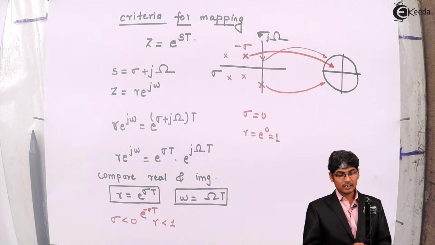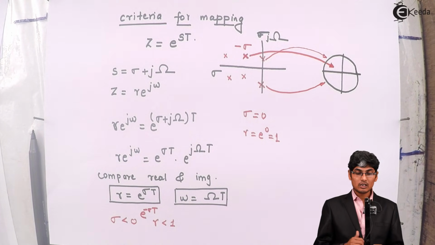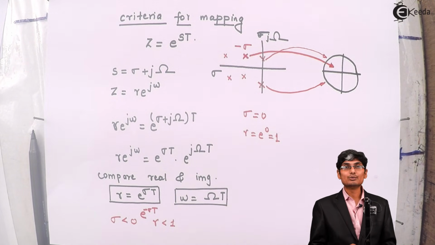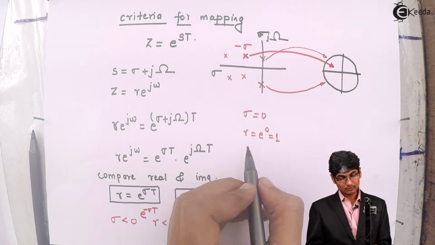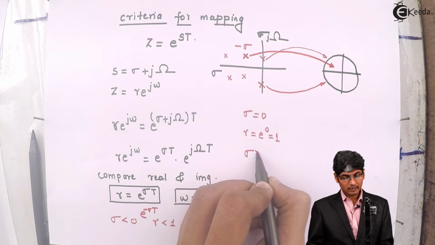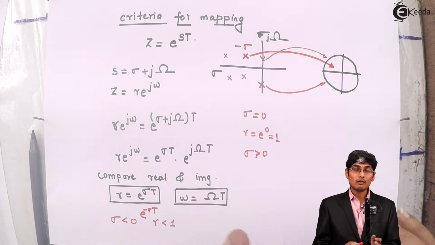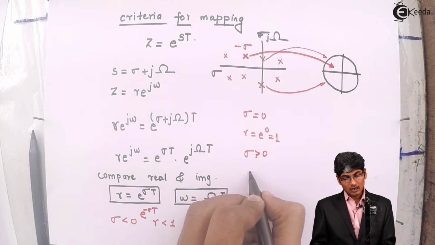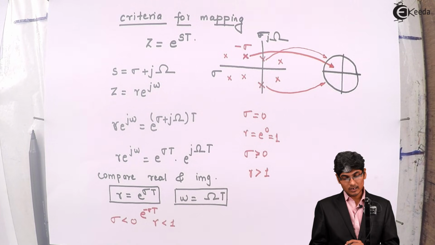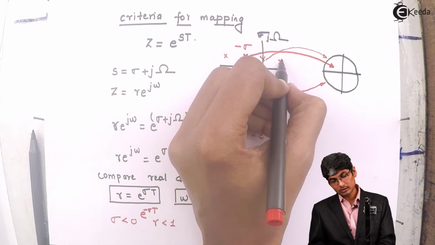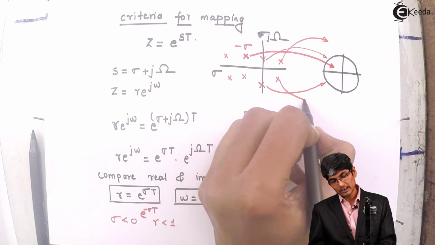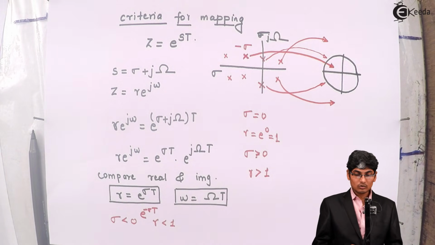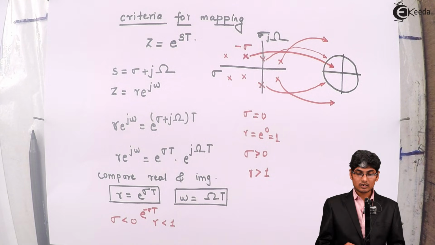So the second criterion is also satisfied. If I put sigma greater than 0, that means poles on the positive side, then r will be greater than 1. That means all poles on this side will be mapped outside the unit circle. That is how the mapping of poles occurs.